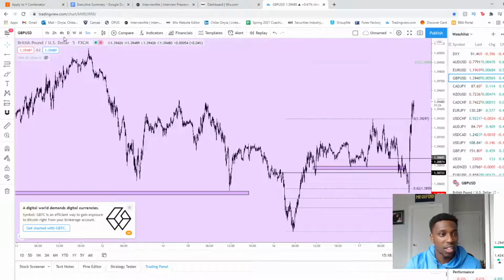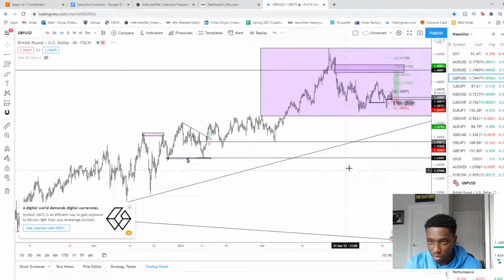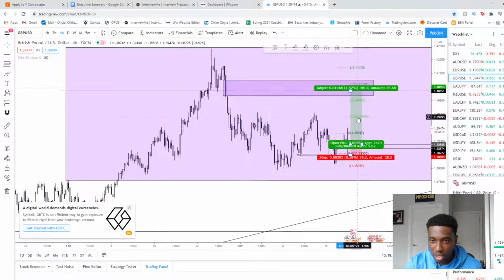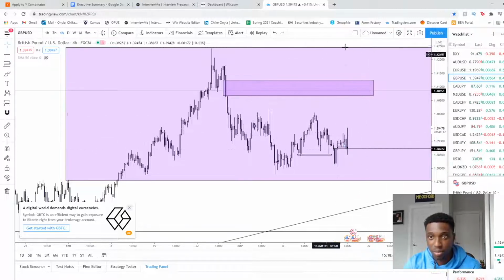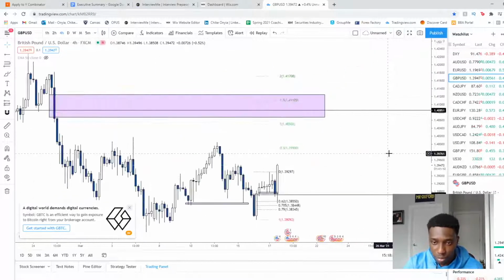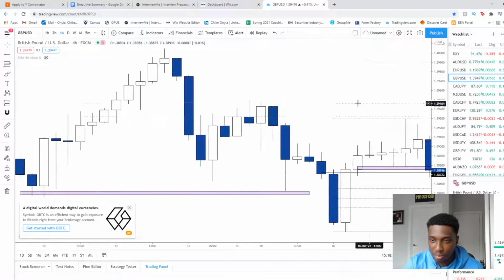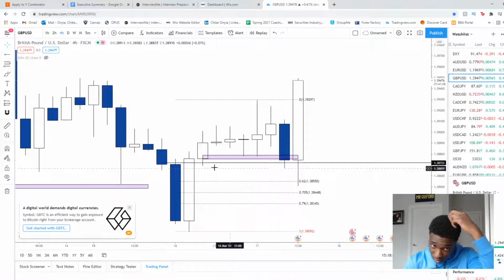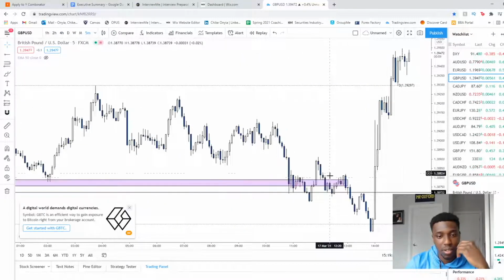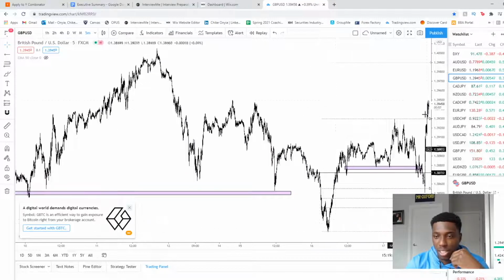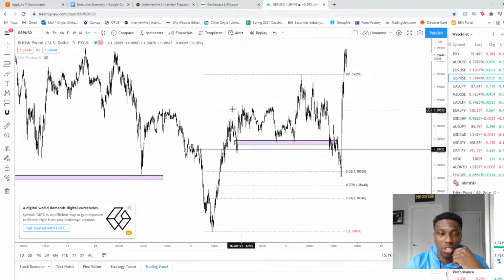And you see, let's erase all this. This gets too confusing. Right, and you can see that from this low to that high on the 5 minute, within the head and shoulders, right?